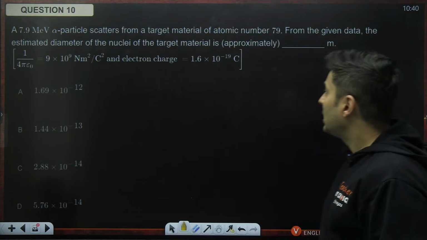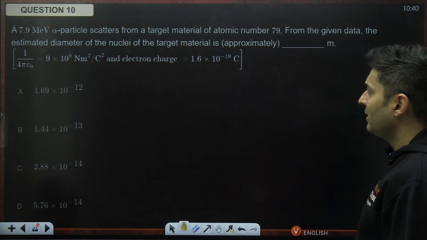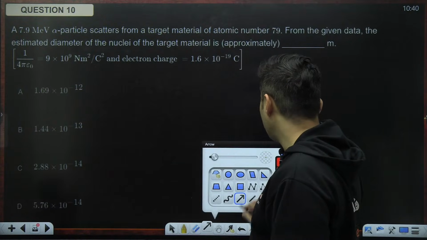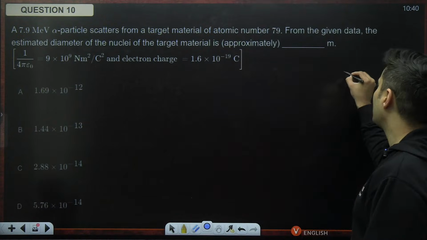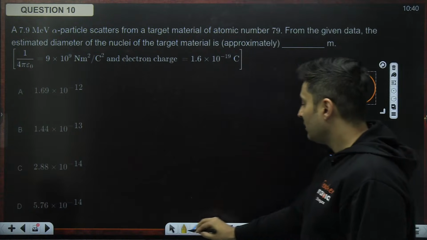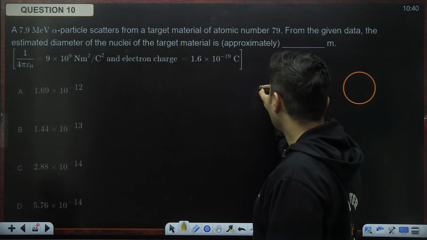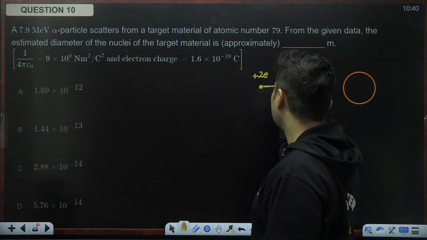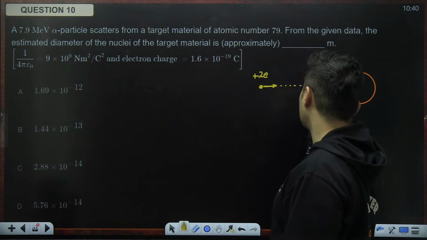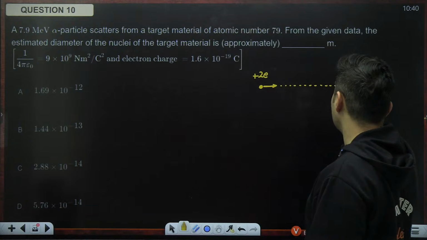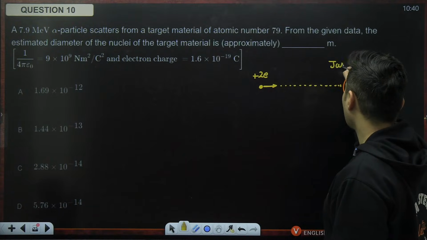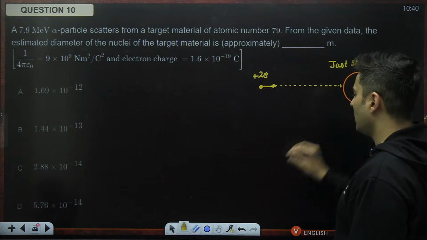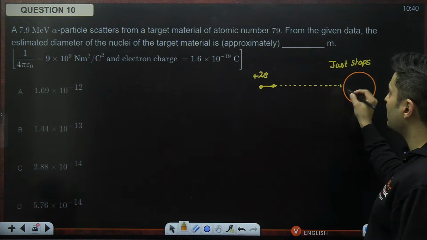An alpha particle hits the target material. The estimated diameter of the nuclei of the target material is approximately how much? See, this is based on Rutherford's experiment. Basically, you have an alpha particle, which means plus 2e, and it has some energy. It goes and just stops over here, and this is your target nucleus.